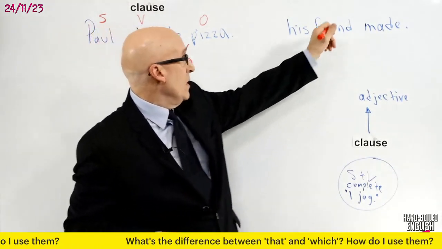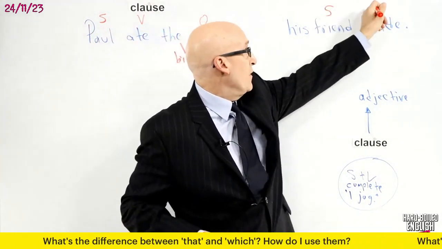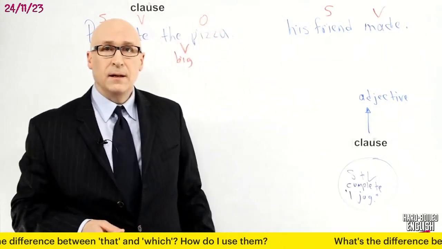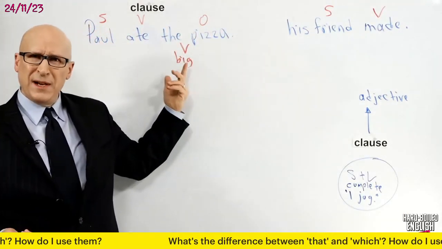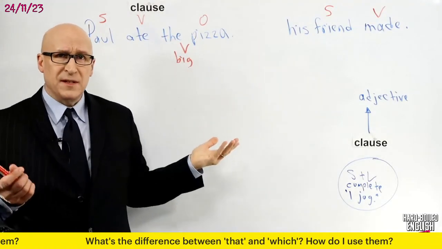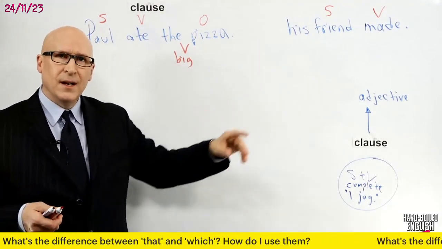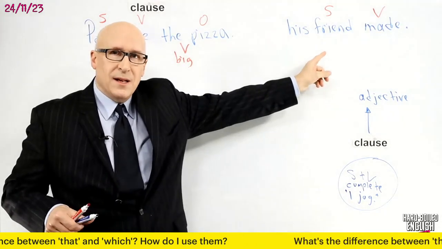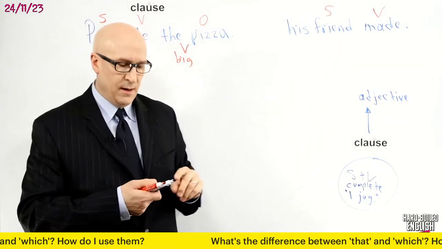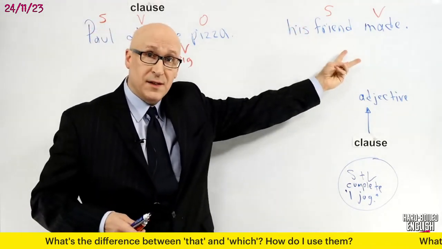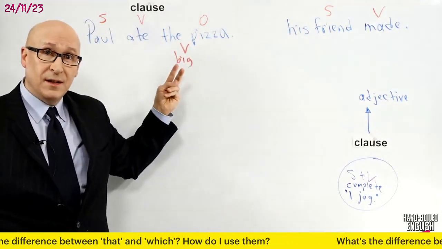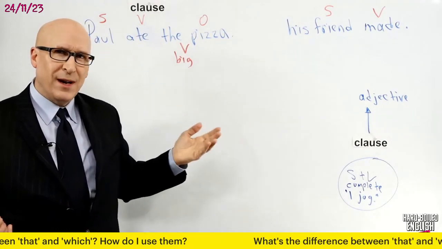So, what do we have here? We have a clause. His friend made. And it's describing the pizza. Which pizza? Paul ate the pizza. Which pizza? Well, it was big, yes, but it's the pizza his friend made. And this is a clause, and this is a clause, but they're two separate ideas.